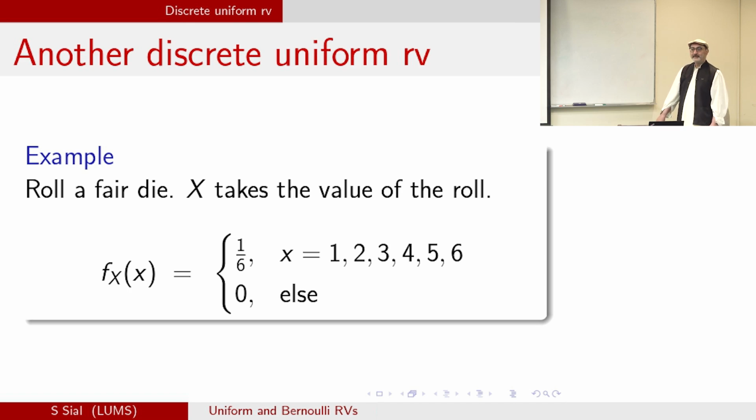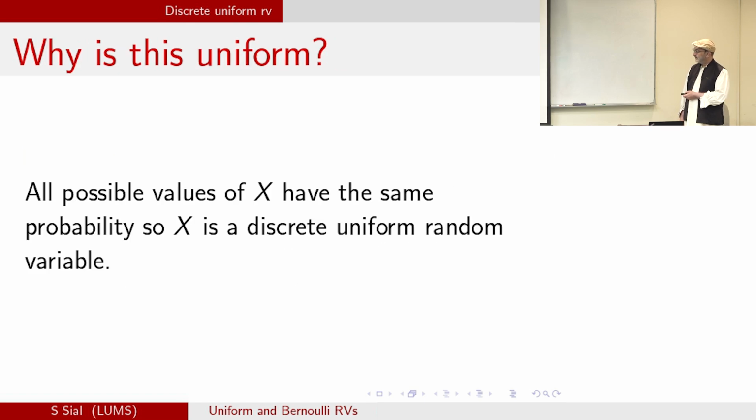So once again, we say that this is an example of a discrete uniform random variable because the probability that x takes any one of the allowed values is exactly the same. So uniform, because that 1/6 is the same for all the allowed values of x. All the possible values of x have the same probability, so x is a discrete uniform random variable.